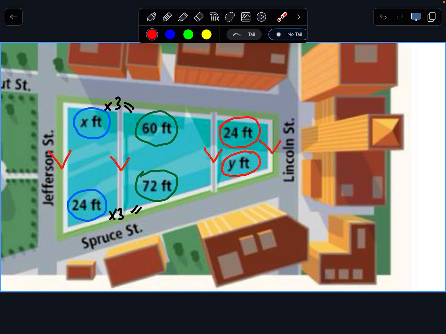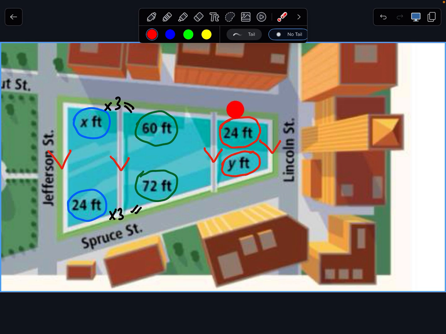What do I multiply 24 by to get 60? Well, it's not going to be a whole number because 24 times 2 is 48, right? And 24 times 3 is 72. So 60 is in between there. So the scale factor is a decimal.